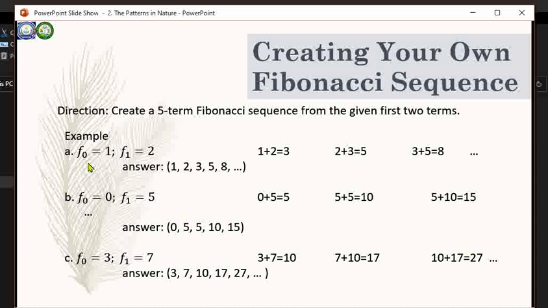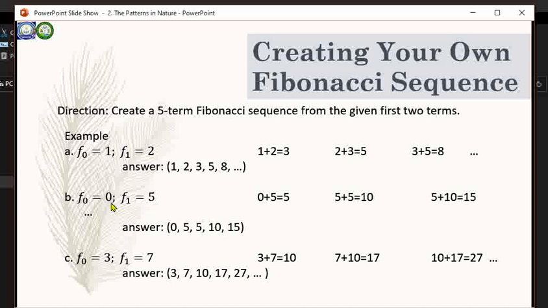If our first term is 1 and the second term is 2, and you're asked to create a 5-term Fibonacci sequence, the first two terms were already given. We have 1 and 2. So 1 plus 2 is 3, 2 plus 3 is 5, 3 plus 5 is 8, which means our first 5 terms in the sequence would be 1, 2, 3, 5, 8, and so on.